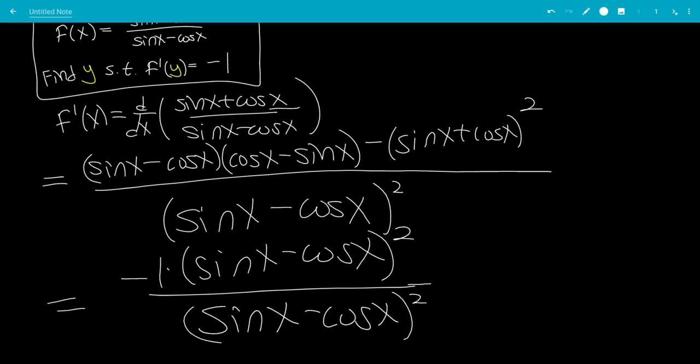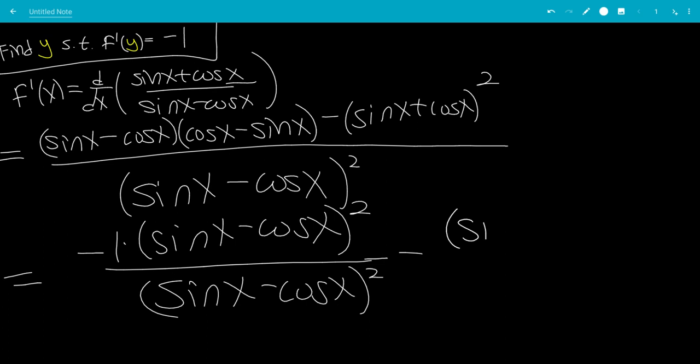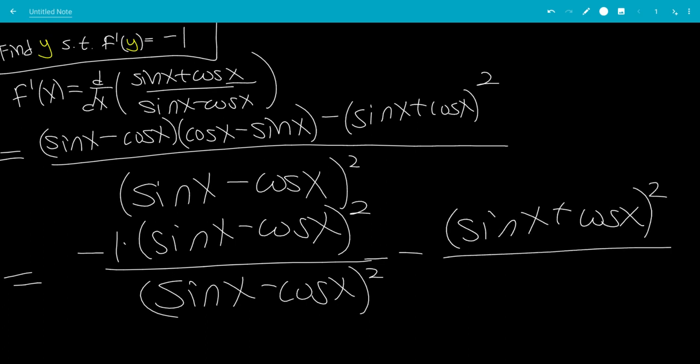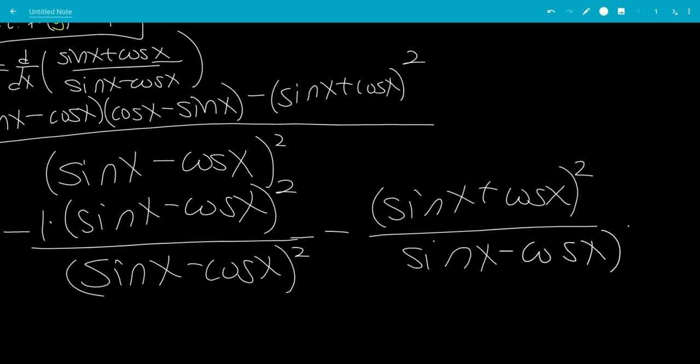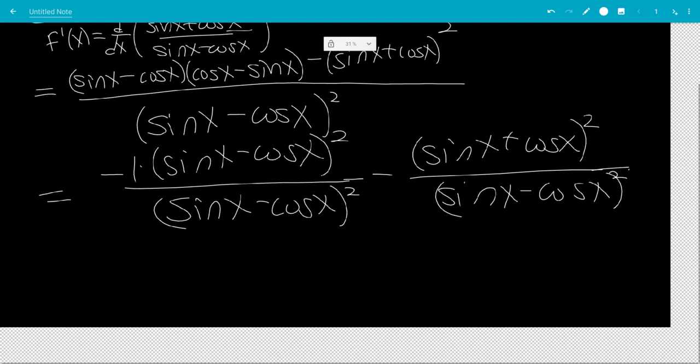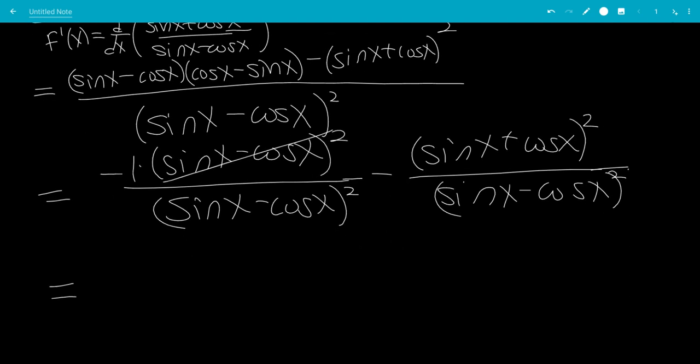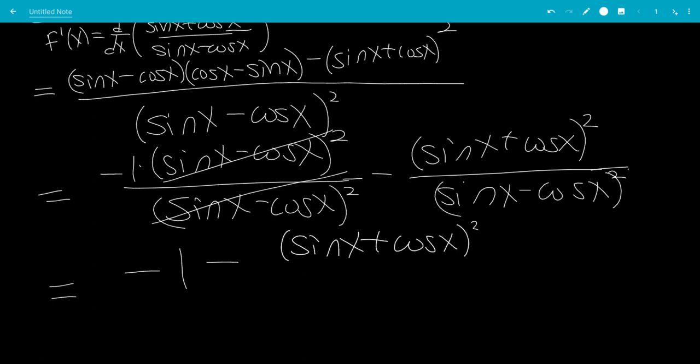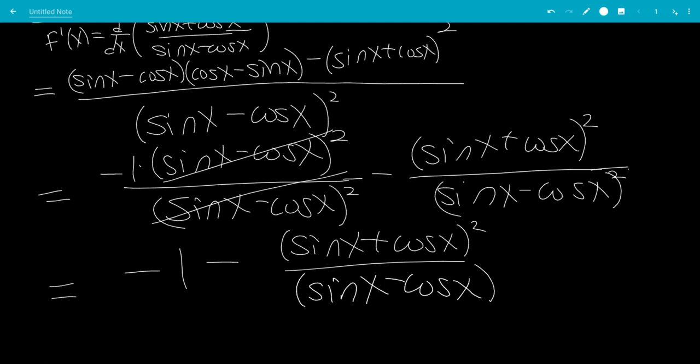So we have minus (sine x plus cosine x) quantity squared over (sine x minus cosine x) quantity squared. So that would be f prime of x. But we can cancel out top and bottom, leaving us with -1 minus (sine x plus cosine x) squared over (sine x minus cosine x) squared.